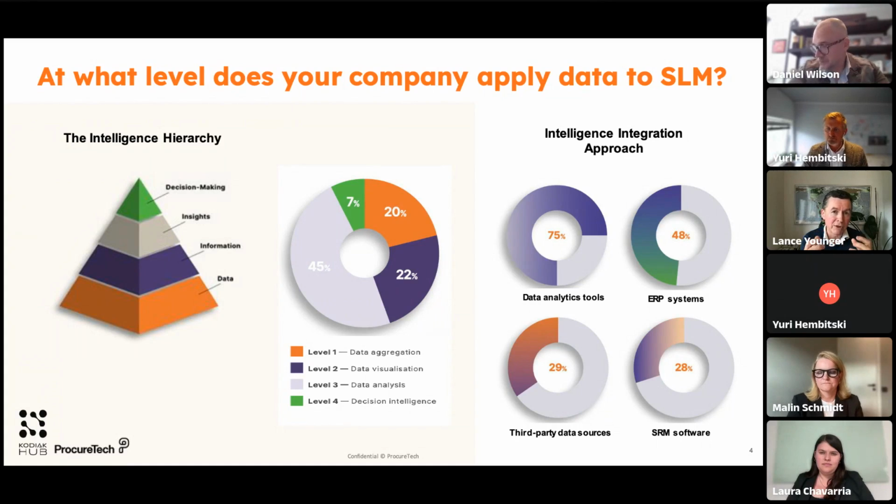And that's primarily driven by those organizations that have a direct swing towards what they do. And then other organizations are taking about a third of their data from third-party data sources, like your Dun & Bradstreets of this world. And then finally from SRM, supplier relationship management software as well.